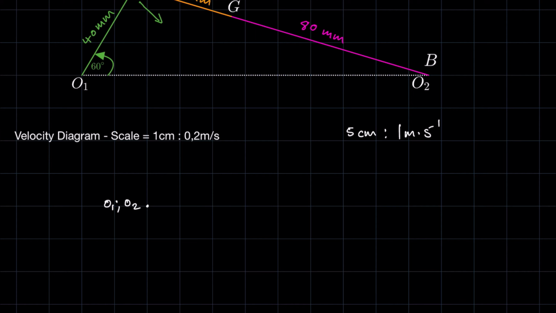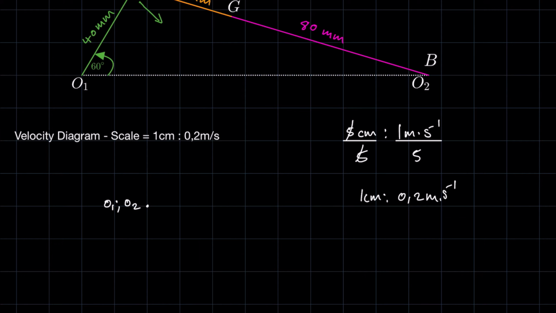The only way to do that is you divide both sides. Essentially you are trying to make the coefficient of the centimeter 1 centimeter, so you divide both sides by 5. And then what do we get? We get 1 centimeter is to 0.2 meters per second.